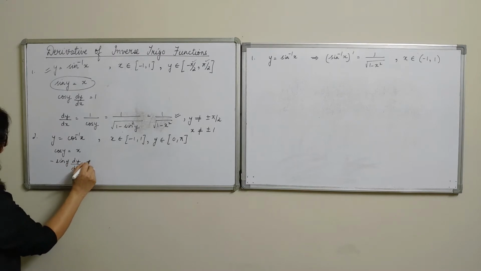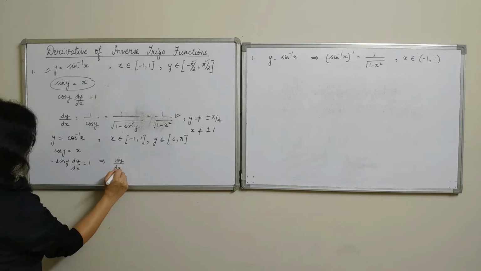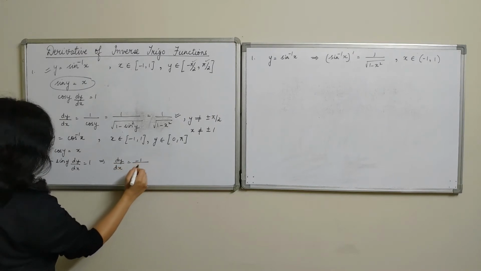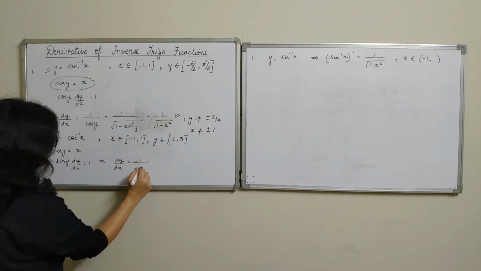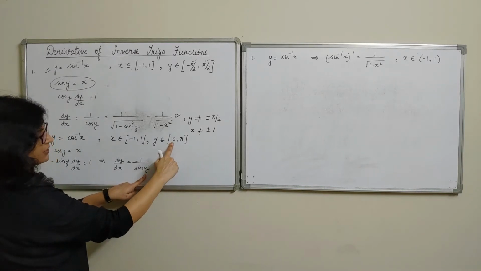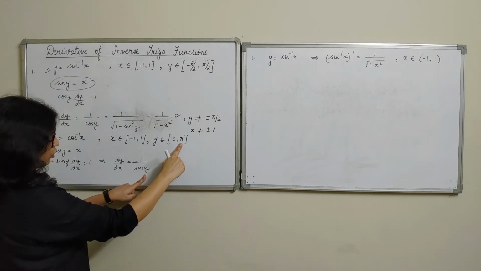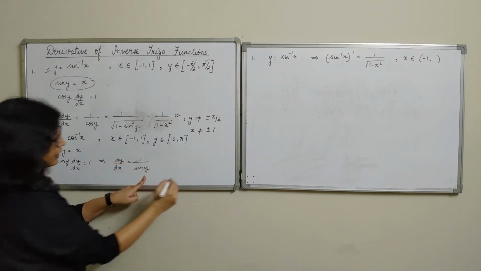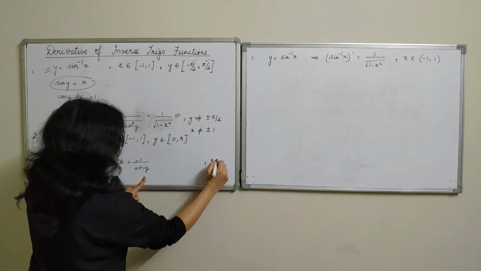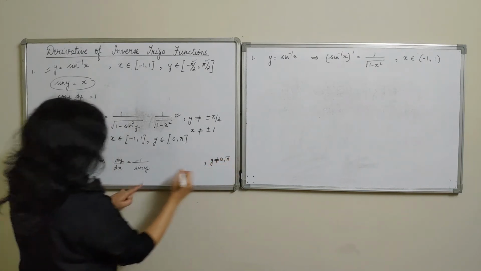This is what we get, hence dy by dx is minus 1 upon sine y. Now here you know y cannot be 0, because in that case derivative is not defined. Likewise y cannot be pi also. So here we know the restriction is y cannot be equal to 0 or pi.